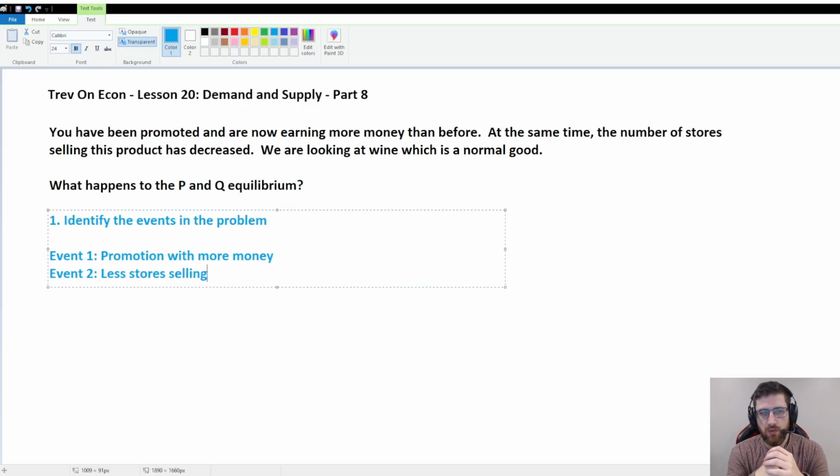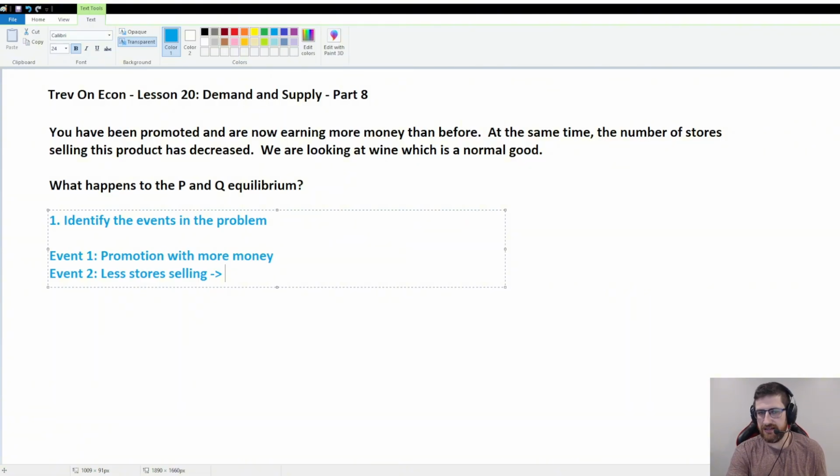Now, with these two events, at this stage, you can do two things. You can either move on to step two, which we'll talk about, or what a lot of people sometimes like to do is try and map these to the 10 things we talked about, the 5 demand factors, the 5 supply factors. It's not a bad idea. However, it's not my favorite. We're going to do it here, but you could probably skip this step.